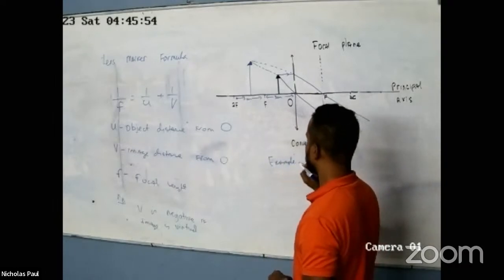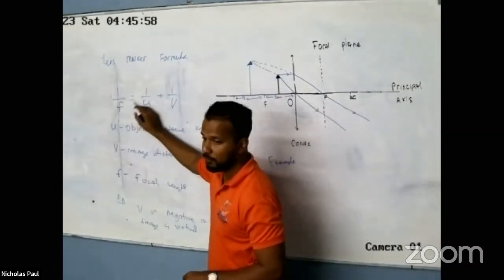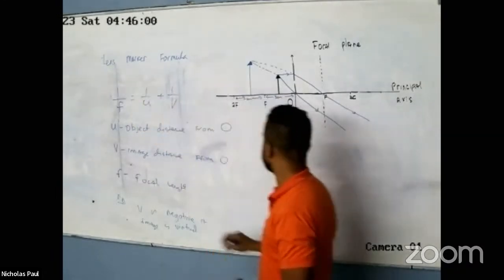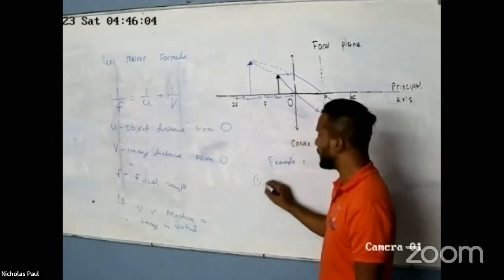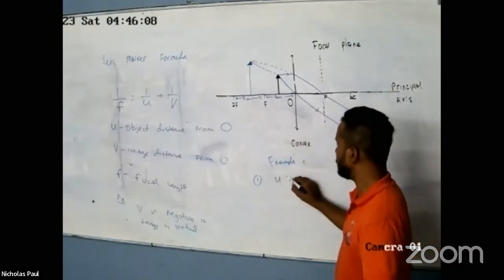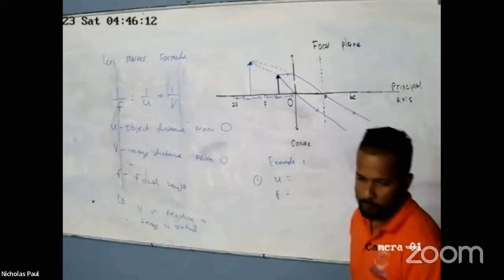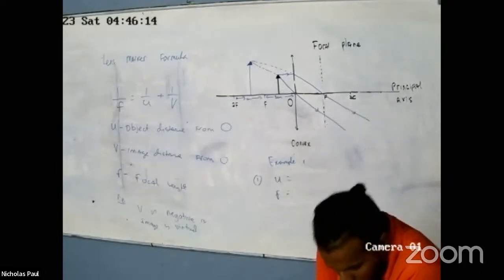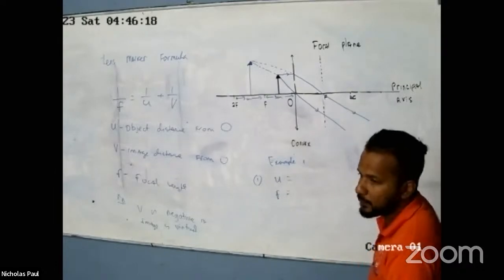It's one over F, or one on U, one on V. So we'll be going back to example one, right? Let's go back to example one and see if that can help us work out anything.